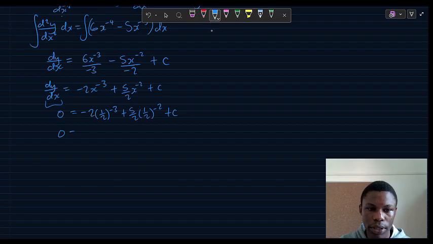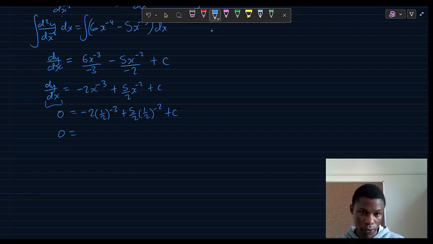So you've got 0 is equal to negative 2 multiplied by 1 over 2 to the power of negative 3, plus 5 over 2 times 1 over 2 to the power of negative 2. So negative 6 plus c, so c has to be 6.